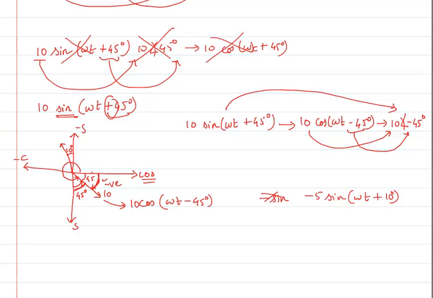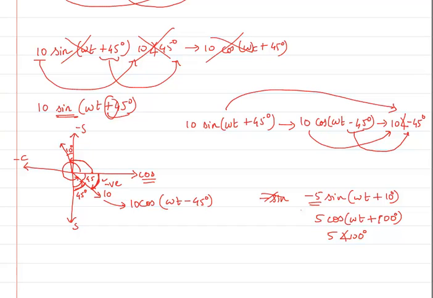So from cos it will be how much? 90 plus 10. So I will write this one as, this length is the same, 5. But now it is going to be cos omega t plus how much? 90 plus 10 is going to be 100. So I can write it as 5 angle 100.